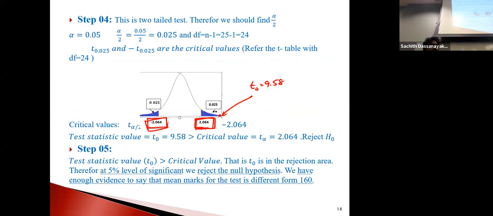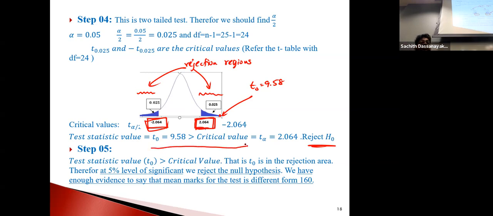Which means you have to reject. Why reject? Because this area and this area are rejection regions. The t value is greater than your critical value, so reject.